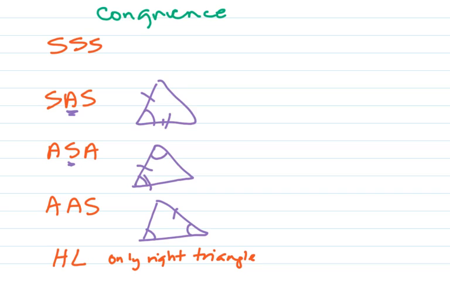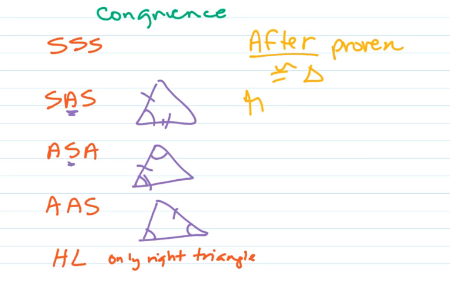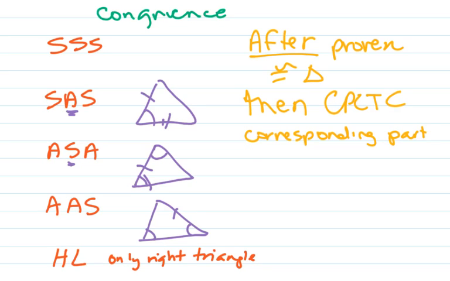Now, after, and this is super important that you remember this, but after you've proven congruent triangles, then you can use CPCTC. And so if you remember what that stands for, it stands for corresponding parts of congruent triangles are congruent.